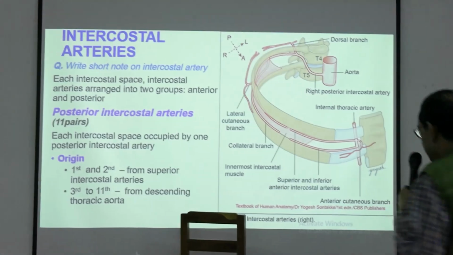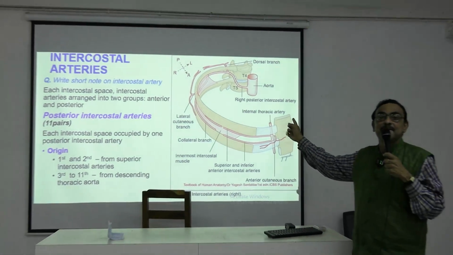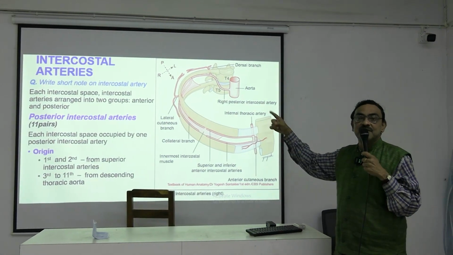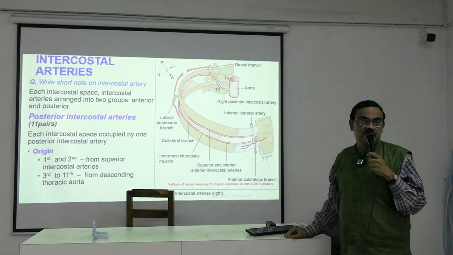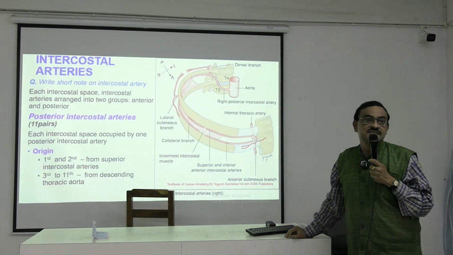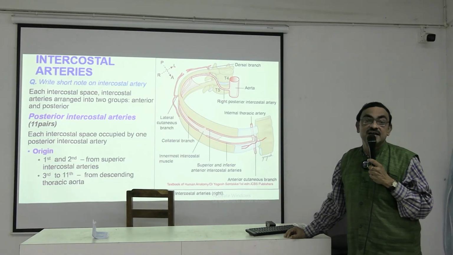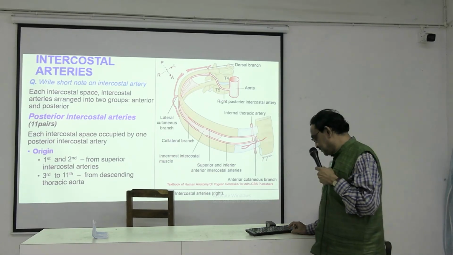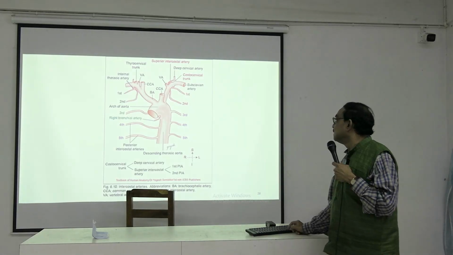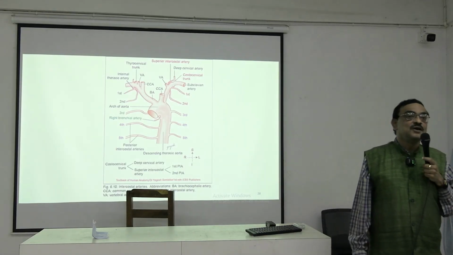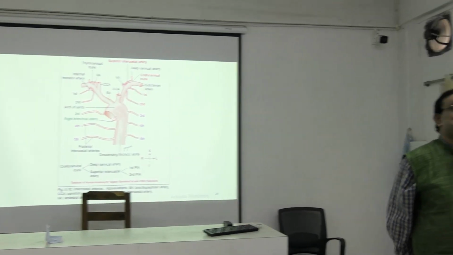Now the posterior intercostal artery, you can see it is coming from the descending thoracic aorta, except for the first and second space, or even the third space. I told you the posterior intercostal arteries are coming from the descending thoracic aorta.